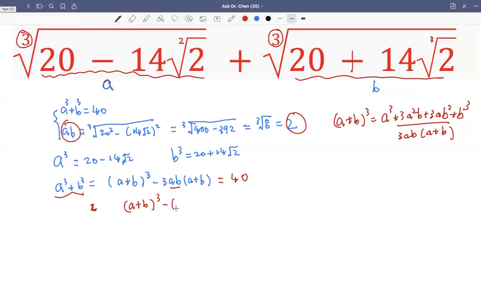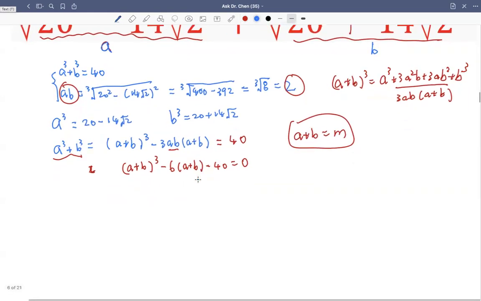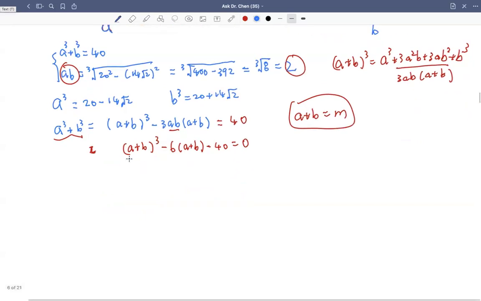Negative 3 times 2 is negative 6, times A plus B. Then move 40 to the other side, minus 40 equals 0. If we call A plus B, M, to simplify our notation, then this becomes M cubed minus 6M minus 40 equals 0.